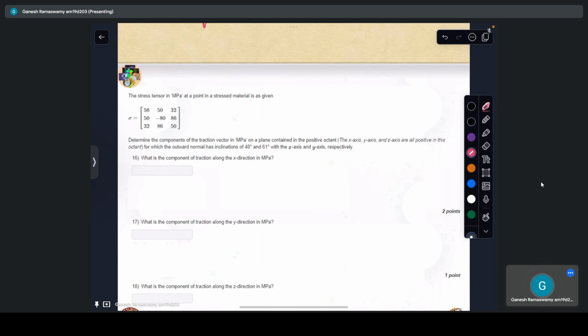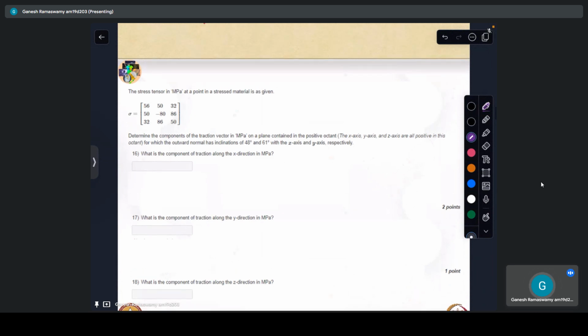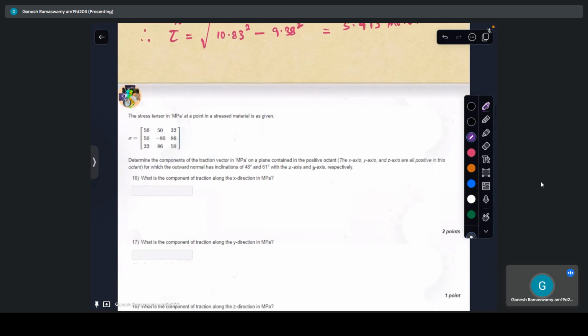So far we saw a problem of applying the Cauchy's formula to a two-dimensional case. Let us also get conversant with how to apply this to three dimensions. Now, in the previous problem, we had to actually find out the stress tensor. But in this problem, we have been given the stress tensor, which is this, in three dimensions.